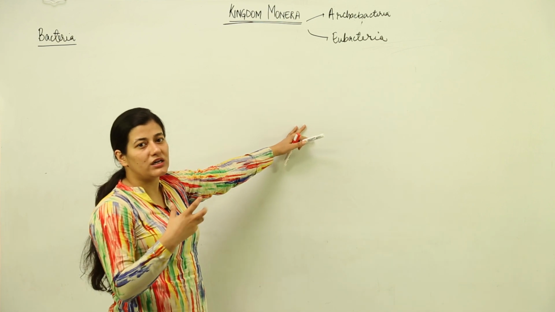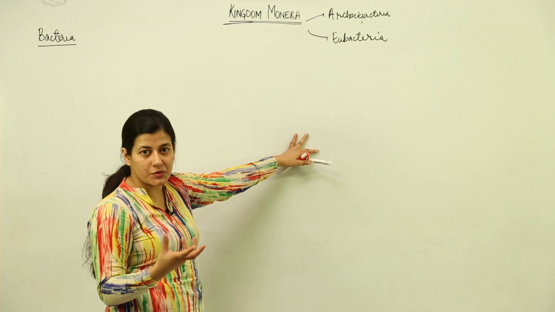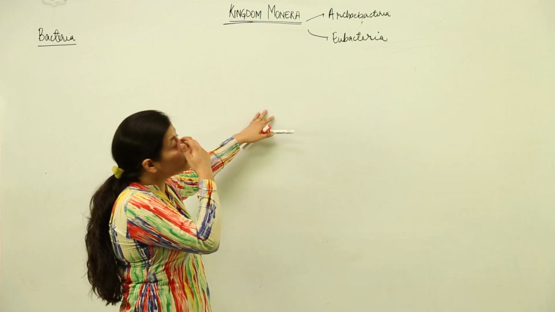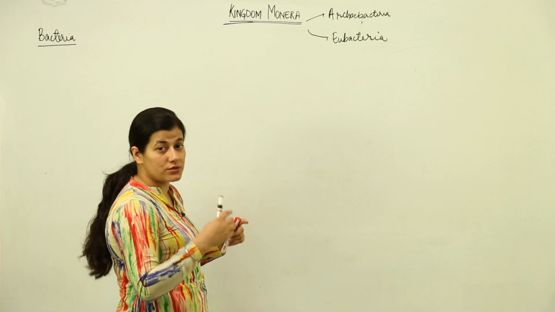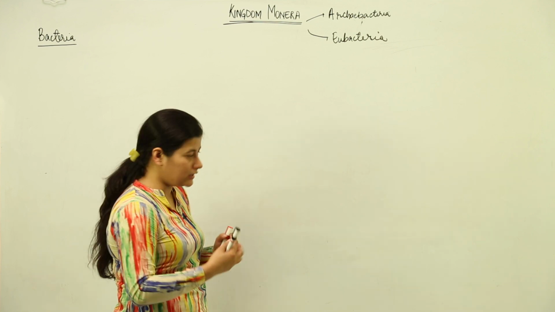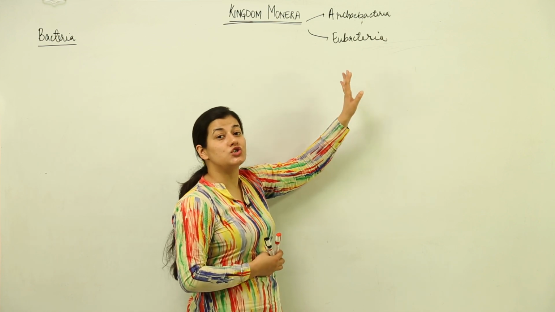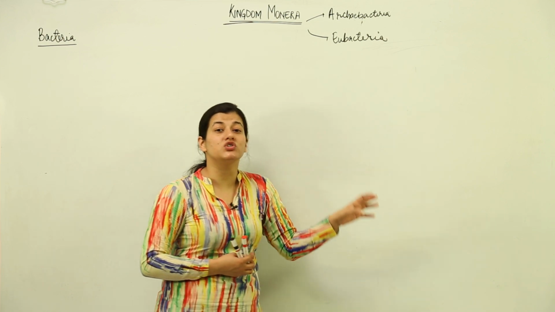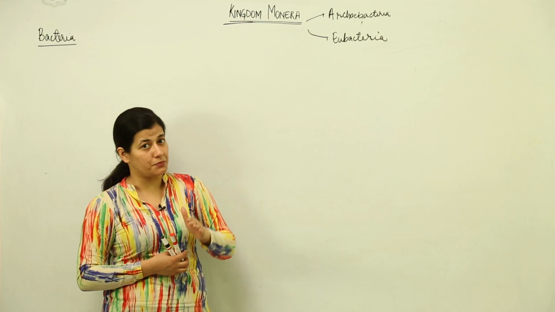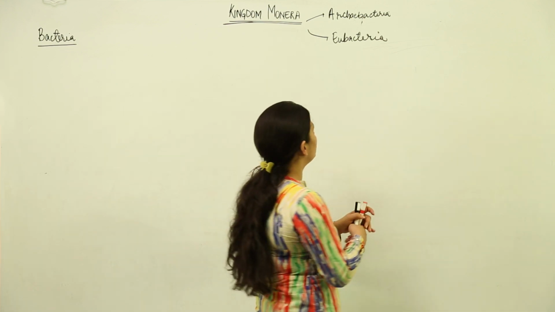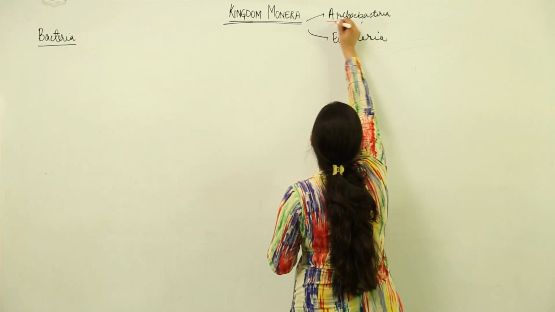We use the word archaea for something which is old, which is historical, like we have archaeological sites, archaeological evidences, excavations, where historical sites are being dealt with. Over here, the bacteria which are historical, that means those bacteria which are highly primitive and are supposed to be present since those times when earth was in its formative years, that is Archaea Bacteria.